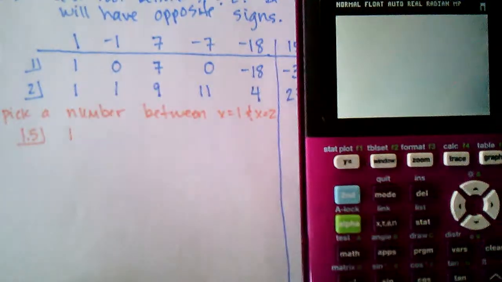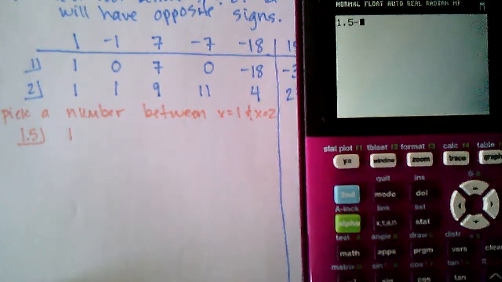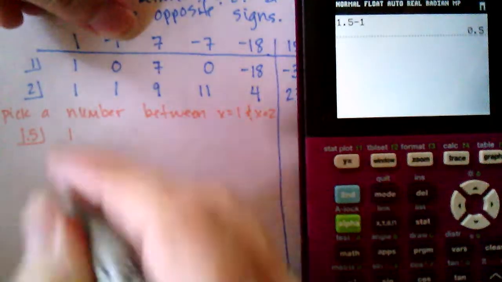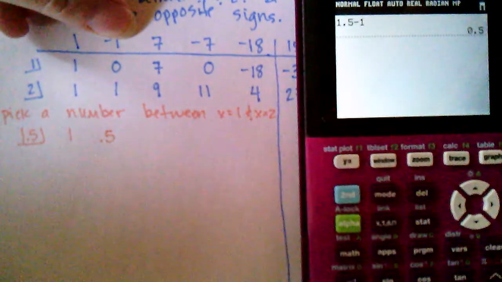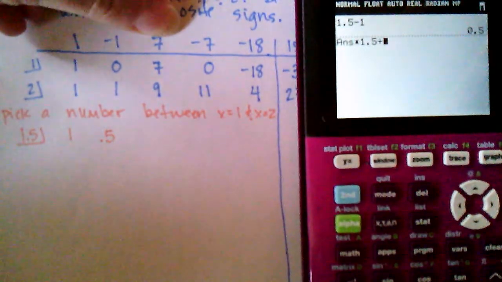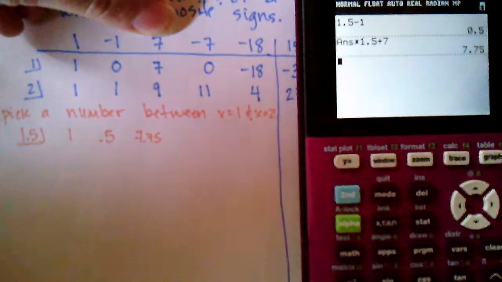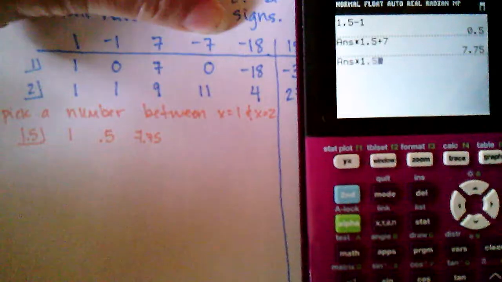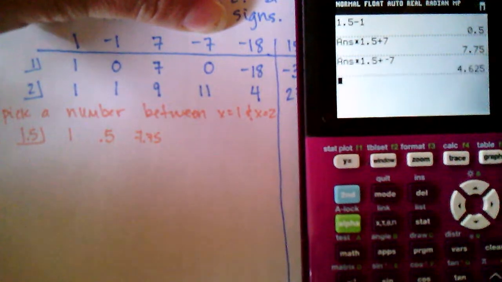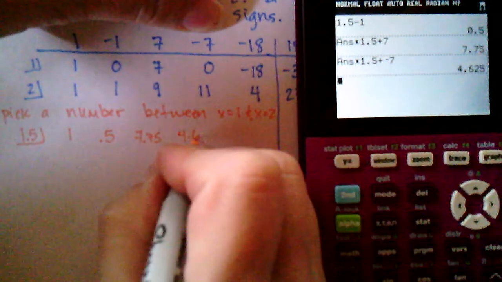So I drop down the 1. 1 times 1.5 is 1.5, plus negative 1 would be 0.5. And then times 1.5 plus 7 is 7.75. And then times 1.5 plus negative 7 is 4.625.